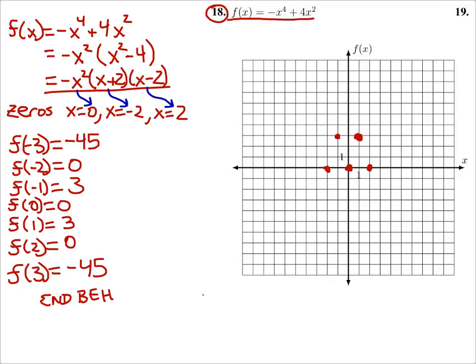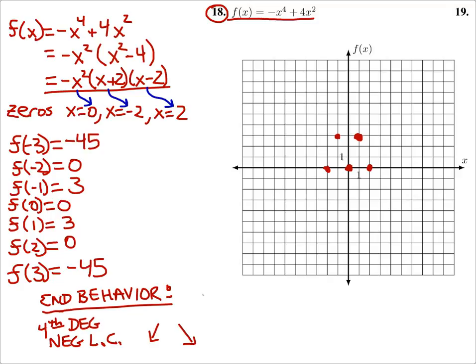Because it's a quartic, fourth degree, and it has a negative leading coefficient, that means, this is important, that the end behavior, both arrows go down.